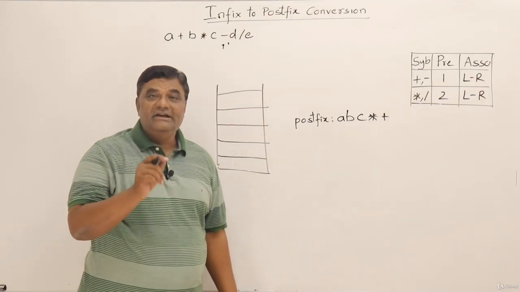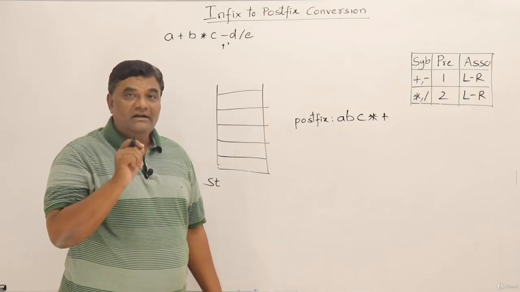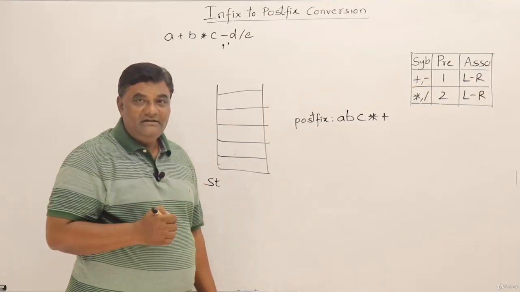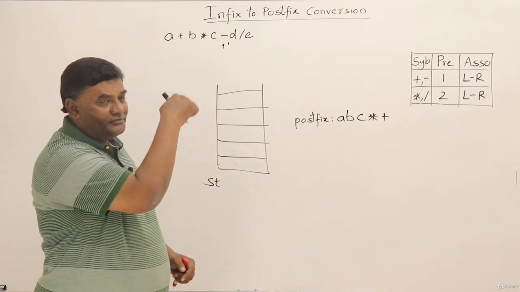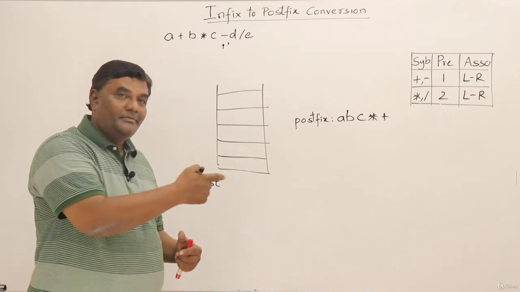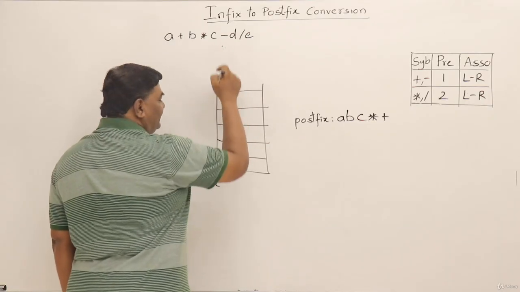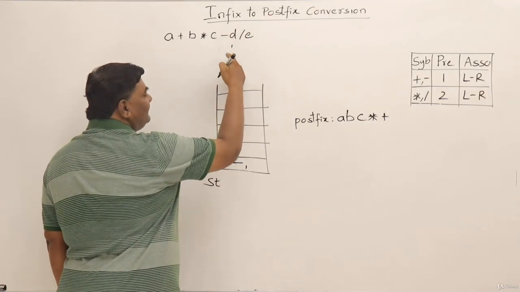So it means if it is an operator, we should push it into the stack. And before pushing, check what are the operators present in the stack. If the operators in the stack have lower precedence, then push that one. Otherwise, pop out. So this minus, push it into the stack. Precedence is 1. Then next is D. D is an operand.